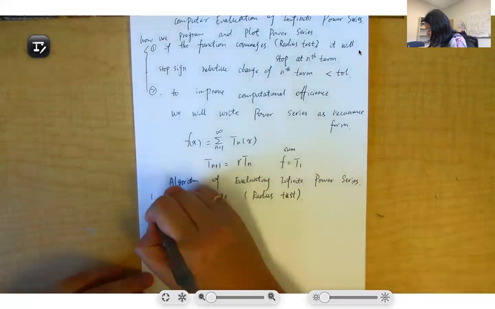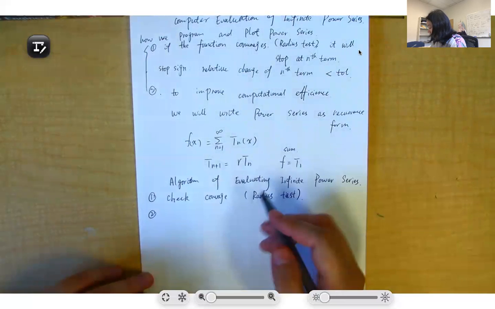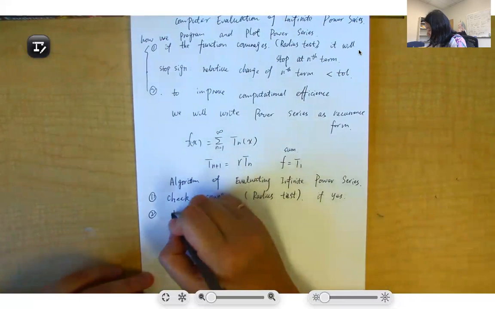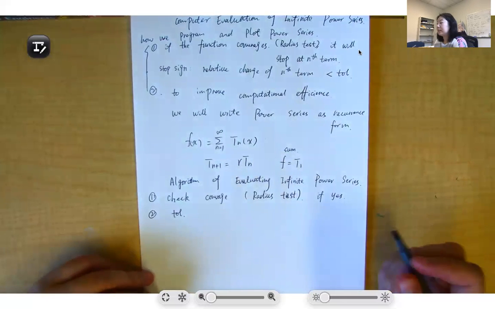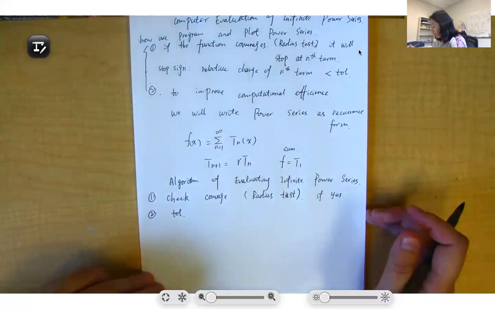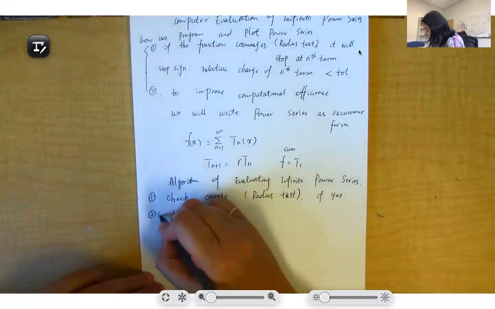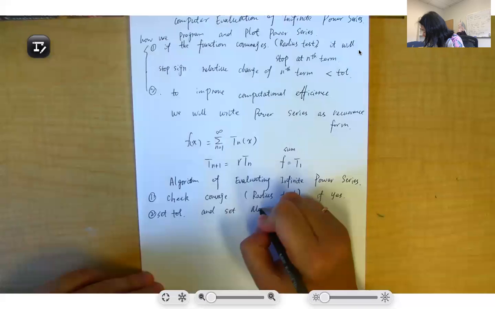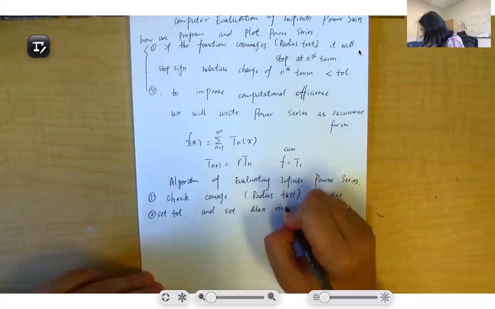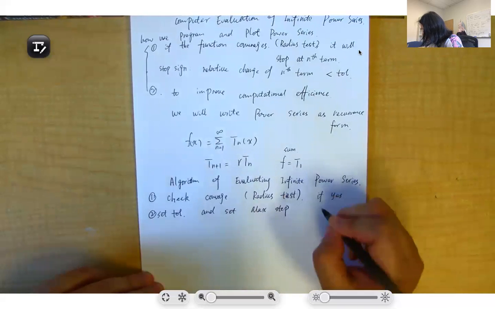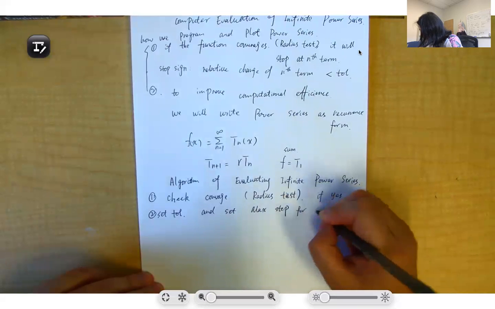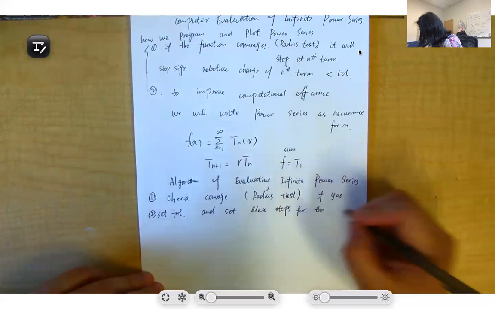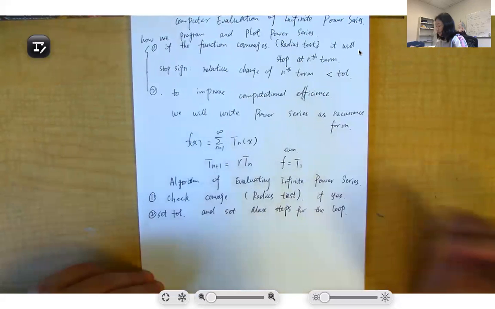Then the second step, if it converges, we set the tolerance, and we also set the maximum step for the loop. Why do we do that?